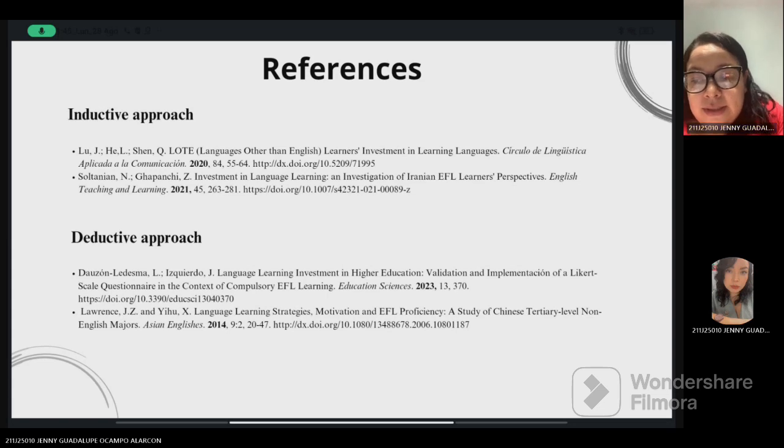Here is the validation of a Likert scale to test the dimensions of Bonny Norton's theory of investment, to be able to measure at which level the dimensions of investment have more impact on learners' investment in EFL learning in a context where English is mandatory.